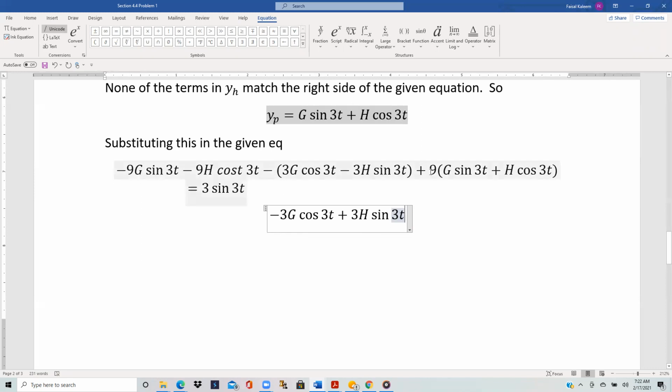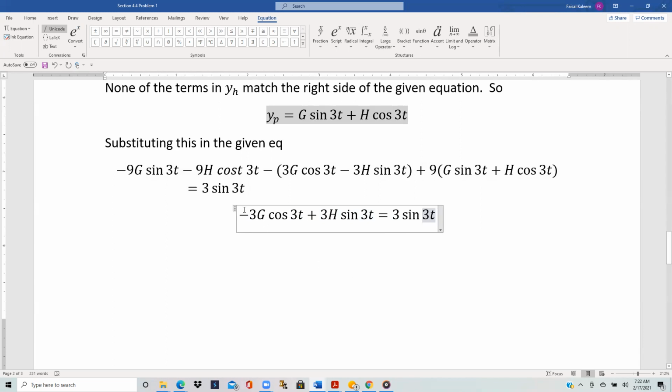So that's all the left-hand side we will be left with, and that's equal to 3 sine 3t on the right side.